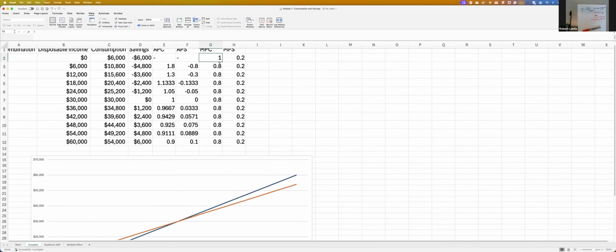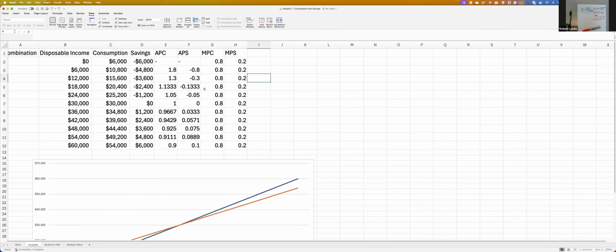So let's go back to this example. That's how you would calculate average propensity to consume and average propensity to save. Now, I was just giving you 0.8 here. How could you actually calculate that? Remember, I technically couldn't find my marginal values here because I have nothing to compare to.